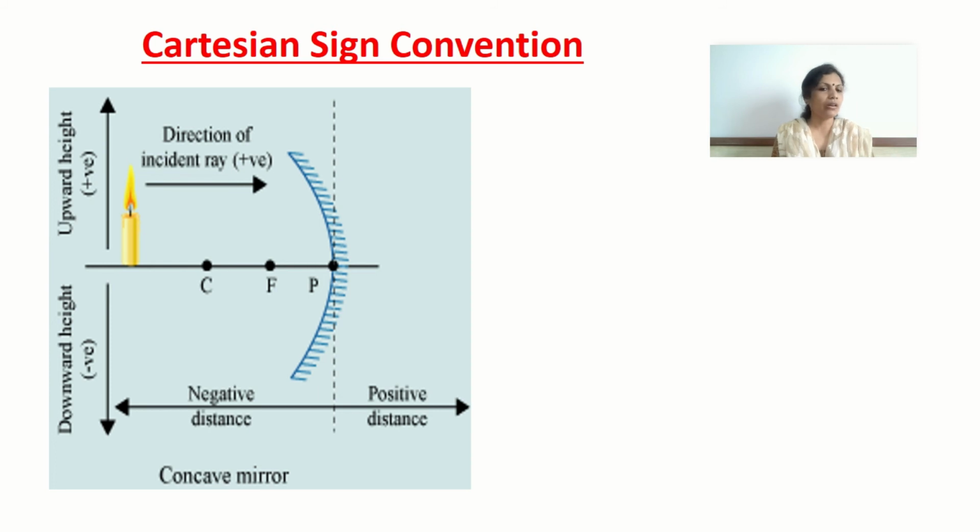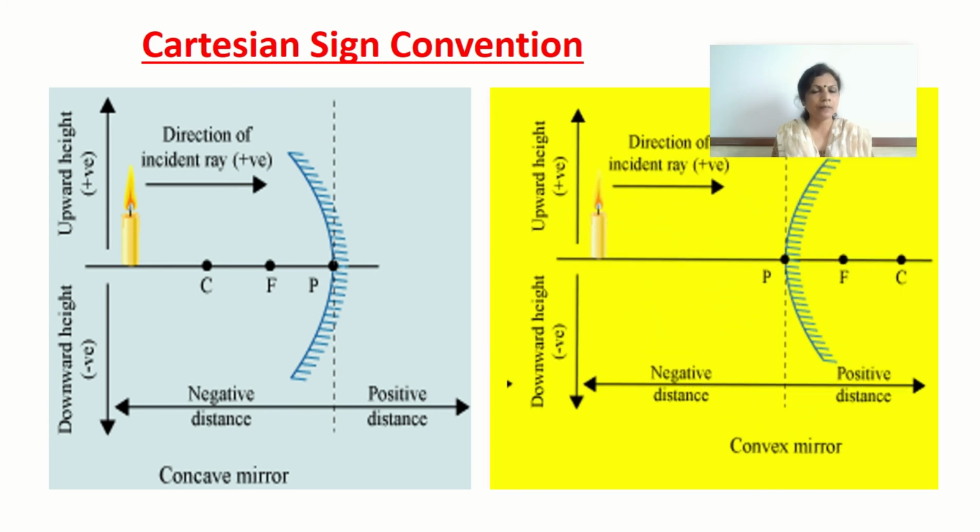Left side all negative distances, towards the right side of the pole positive, above the pole the size of the image is positive, and below the pole the size of the image is negative. So in case of concave mirror, object distance is negative, image distance is also negative, height of the object is positive, height of the image is negative, but there is only one exceptional case, when you place the object between the focus and the pole. In that case, your image distance is positive and height of the image is also positive.